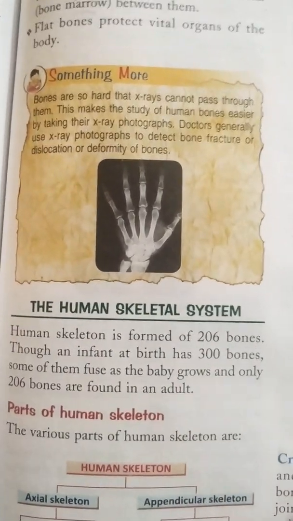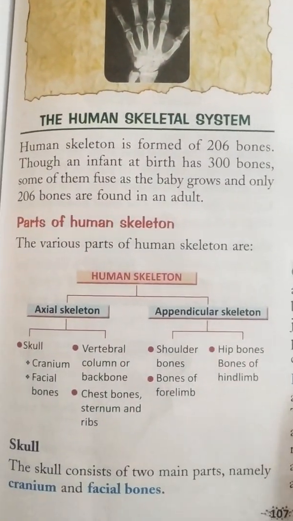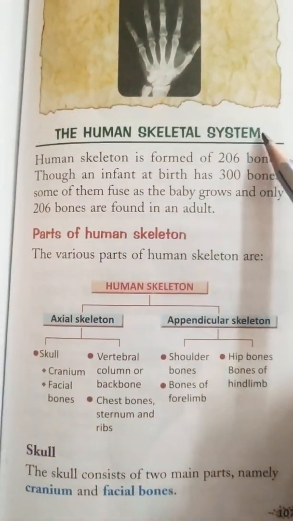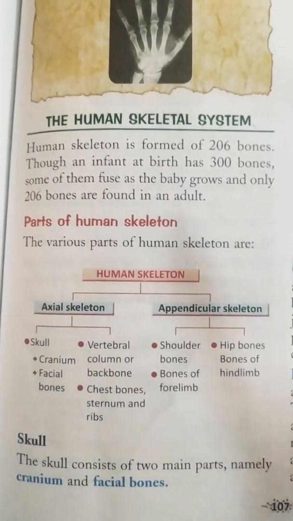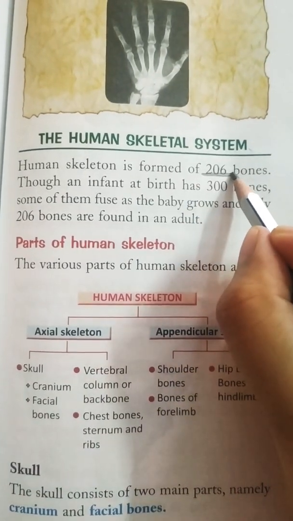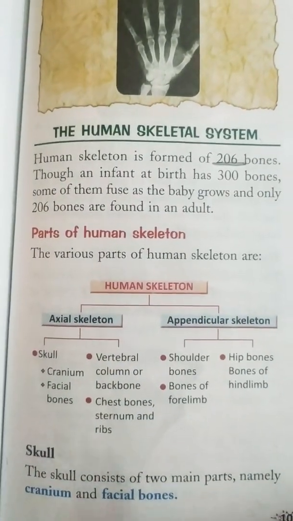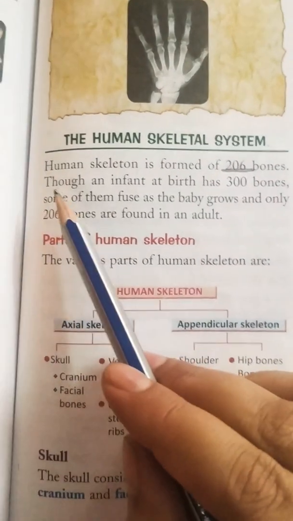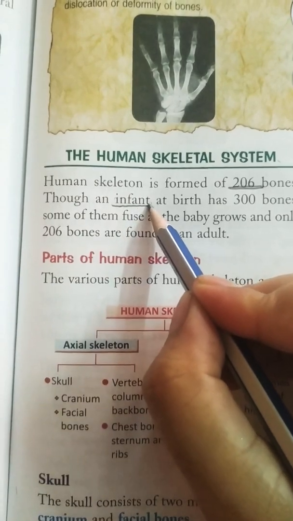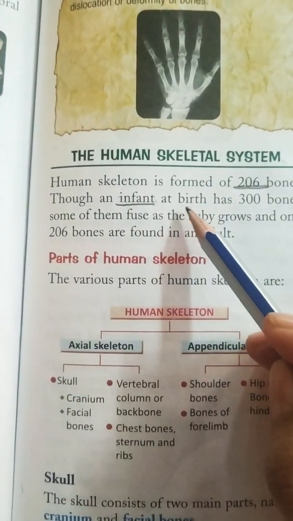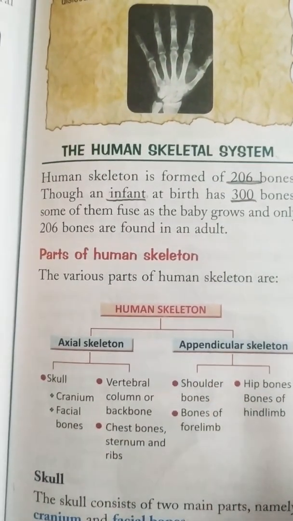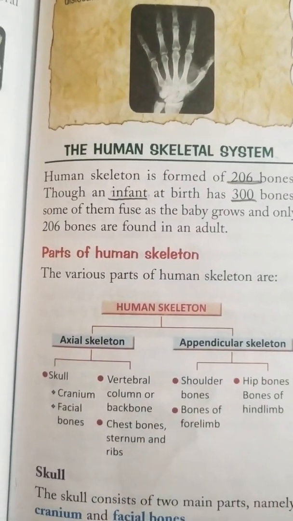Now we are going to discuss the human skeletal system. As you studied in your previous classes, it is formed of 206 bones. But here we are going to discuss one fact: an infant, meaning a newborn baby, has 300 bones at birth.